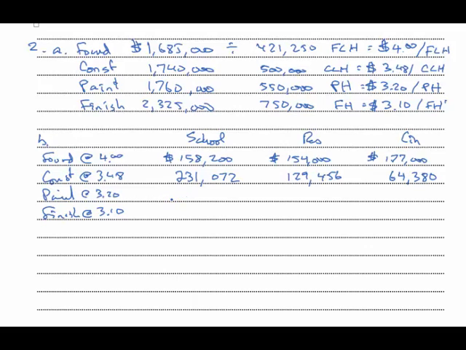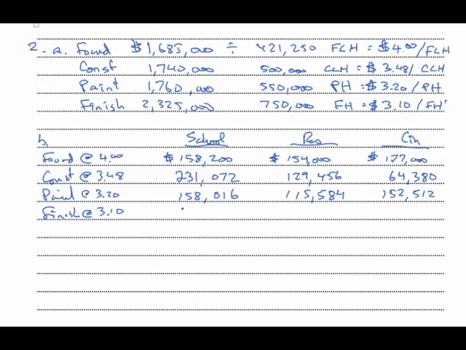Painting, $3.20 per hour times 49,380 for the school gives us $158,016. 3.20 times 36,120 for residential works out to 115,584, and 47,660 times 3.20 gives us 152,512 for the cinema.